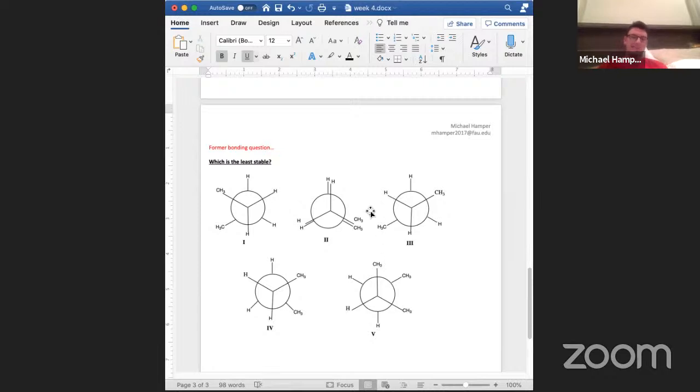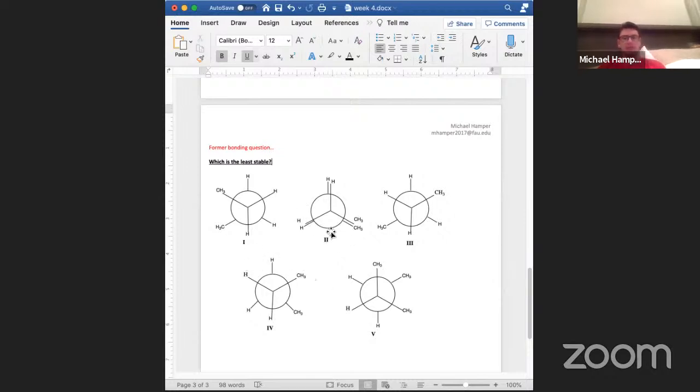So, deciphering between anti and gauche, and comparing the two, they're both staggered, right? So Eric was saying that they're both staggered, but we're trying to decipher between the two. The difference between anti and gauche is, like Ashley said, anti is the largest groups.